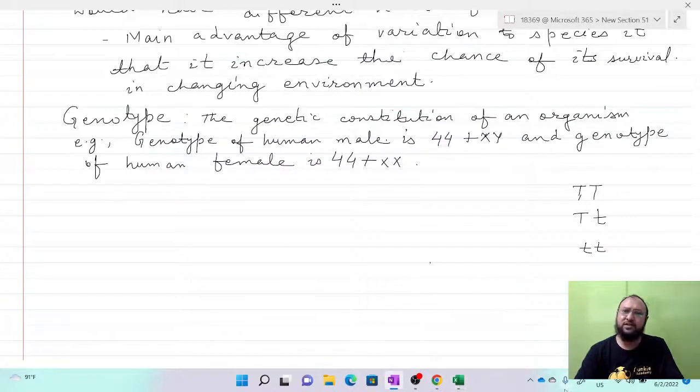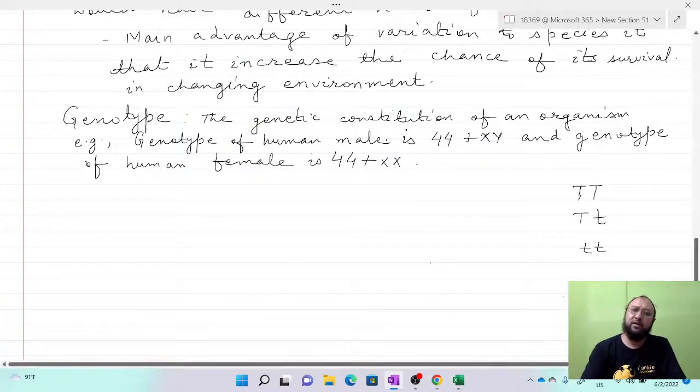So we saw that in both these cases it is tall, and only in this case is it dwarf. So tall is the dominant feature, and we find that most of the plants are tall because it is dominant. Phenotypically this is tall, and this is also tall, but genotypically this one is homozygous.